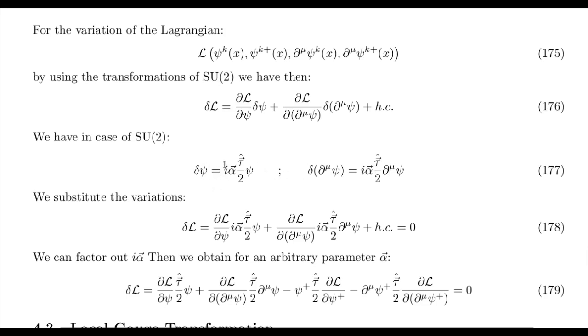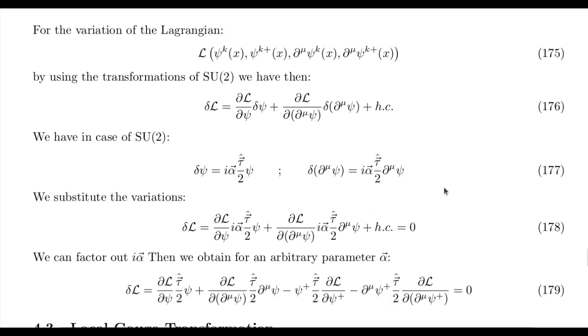Delta psi is i alpha tau half psi, and the derivative, of course. Here the only difference between the variation of the wave function and the variation of the derivative is that we have here the derivative of psi.